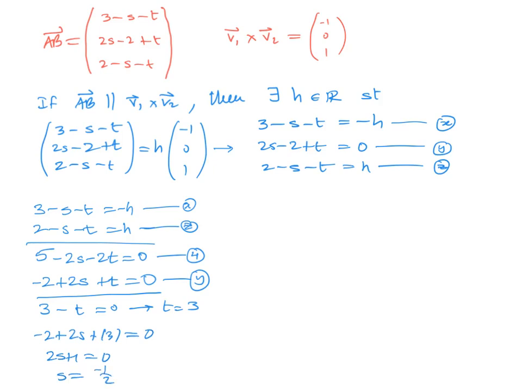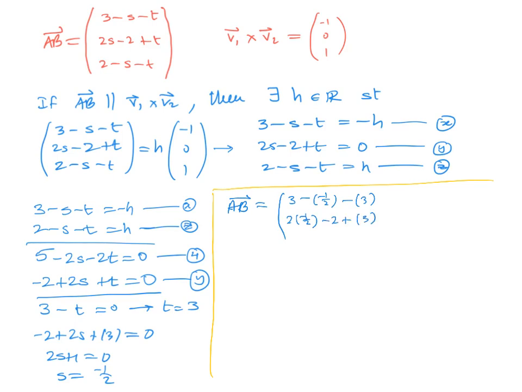So what I've done now is I figured out the T value and the S value for the vector AB here, so I can plug these two numbers in here to get the vector AB. So AB vector is going to be 3 minus negative 1/2 minus 3, and then 2 times negative 1/2 minus 2 plus 3, and then 2 minus negative 1/2 minus 3.